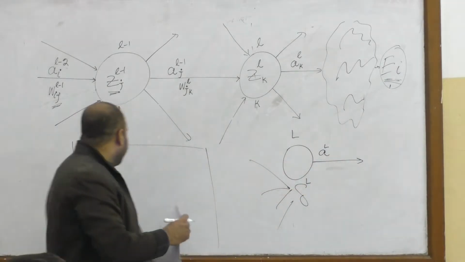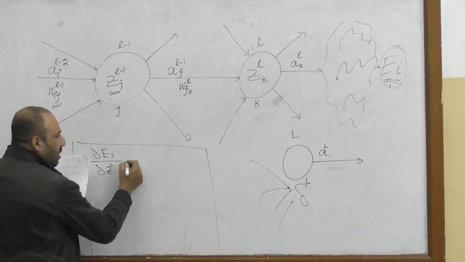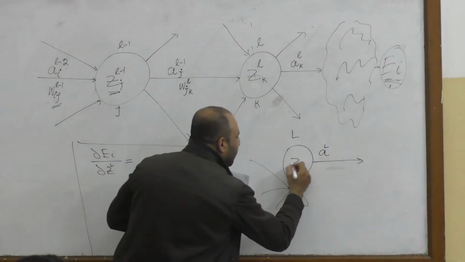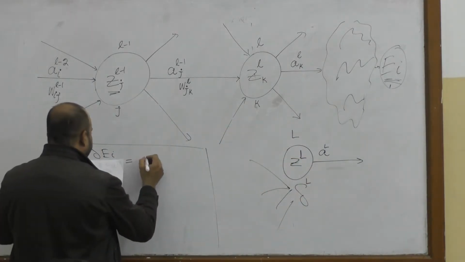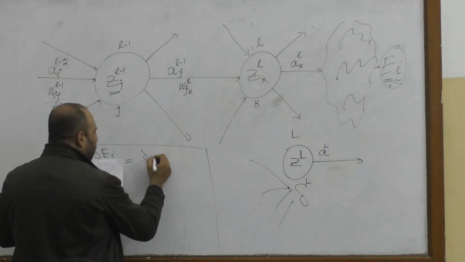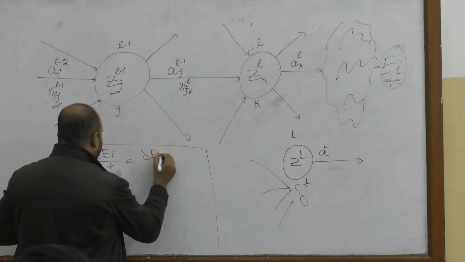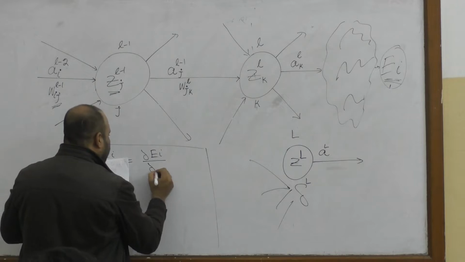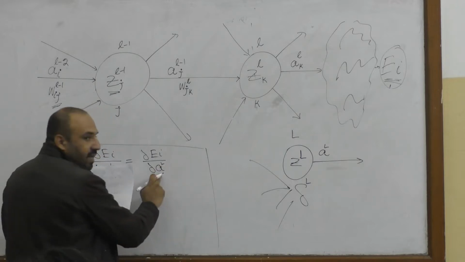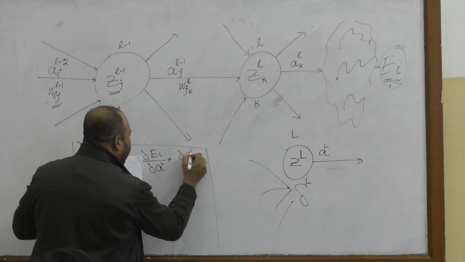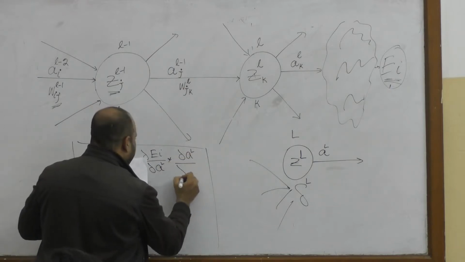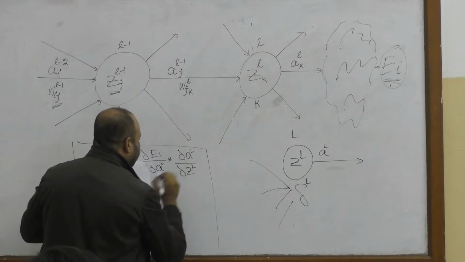You can use that. Okay, this is equal to, by the way, ZL is here, partial E_i over partial AL, which is your Y hat, times partial AL over partial ZL.